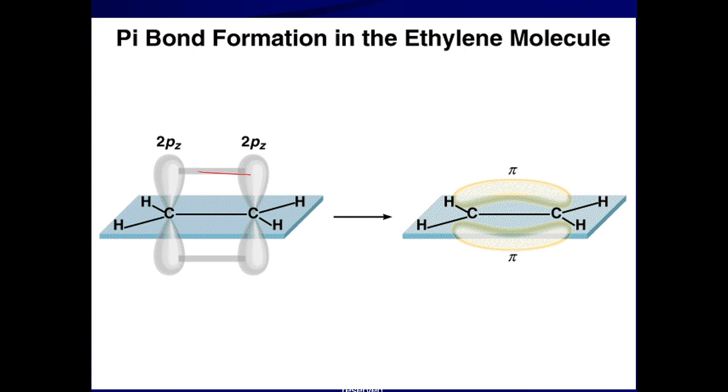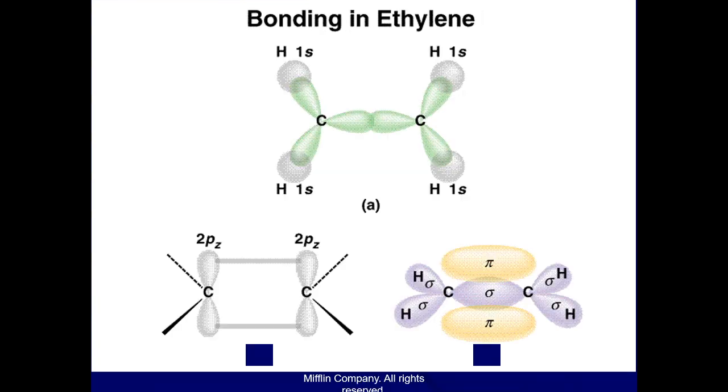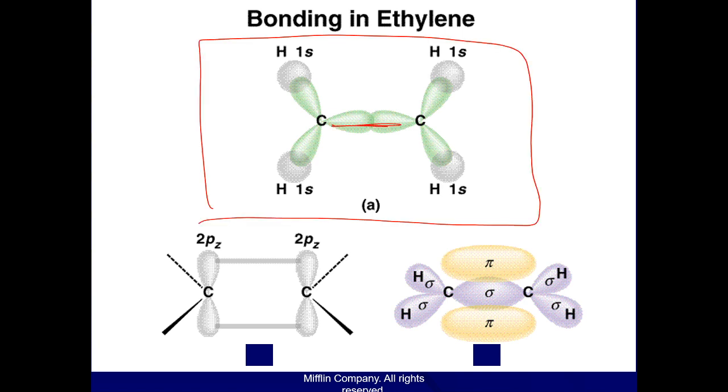So putting the picture into perspective, this is what you have. These are the pure p orbitals that are forming a pi bond, and this is how it looks like, two sausages like this, and the other one basically like that. Okay, she's explaining the same things there. So a sigma between a carbon and a carbon, and a sigma between a carbon and a hydrogen, carbon and hydrogen, carbon and hydrogen, carbon and hydrogen.